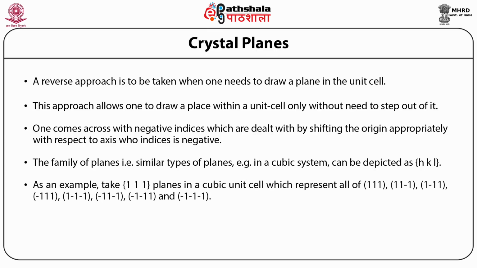As an example, take the curly bracket {111} planes in a cubic unit cell, which represents all of (111), (11-1), (1-11), (-111), (1-1-1), (-11-1), (-1-11), and (-1-1-1).